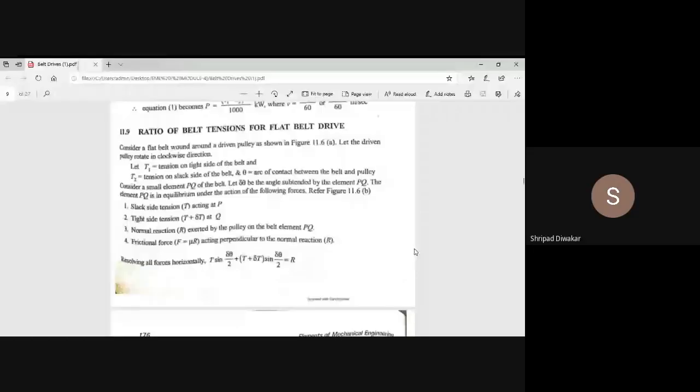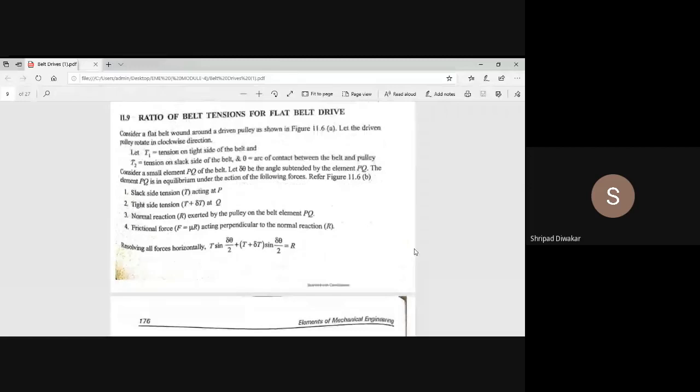So in today's class, I'm going to derive the expression for the ratio of belt tension. You remember, in case of belt drive, we have three derivations.